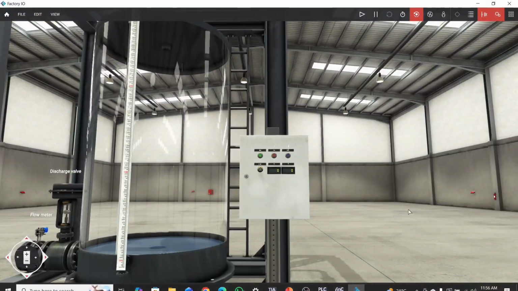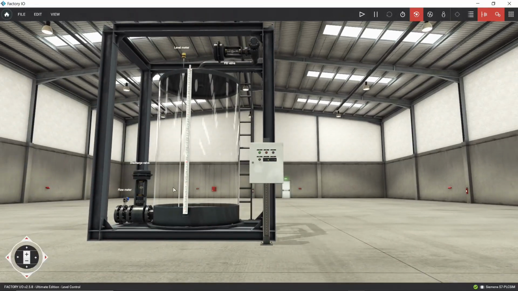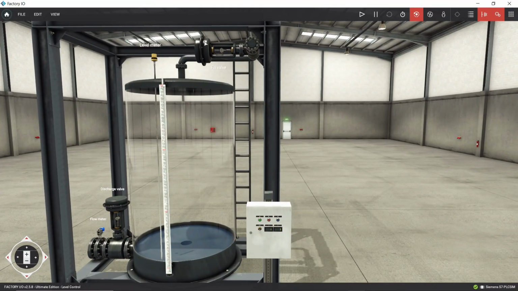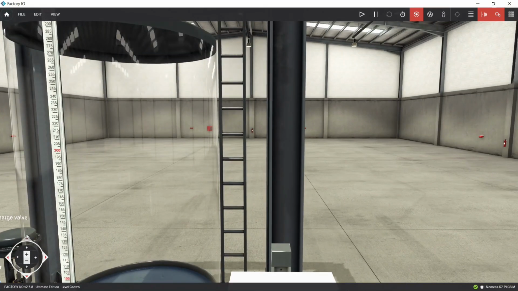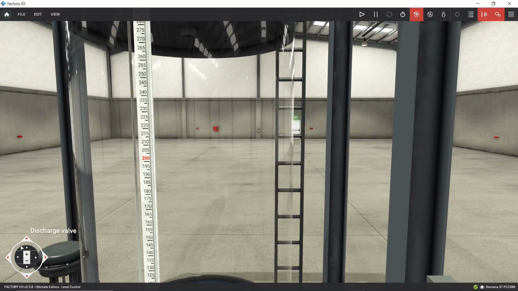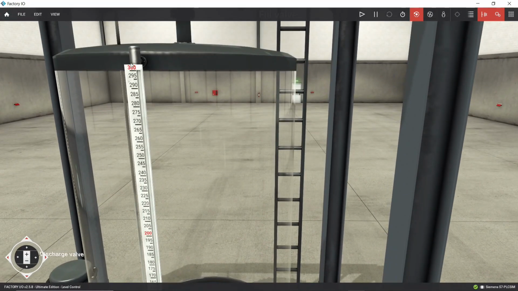With this curve we can see our stable point, and here in Factory IO we have designed a water level tank, and here you can see our feed valve and our level transmitter to measure the level of the water, and you can see its height is 300 centimeters for the full tank size.